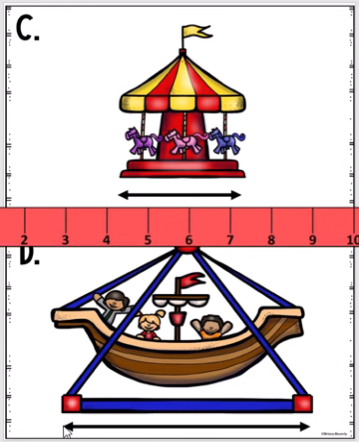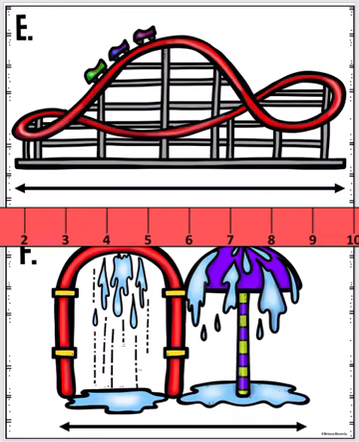Here is the pirate ship. Pirate ship starts at 3, ends at 9. So 1, 2, 3, 4, 5, 6. The pirate ship is 6 inches. Look at the roller coaster. The roller coaster goes from 1.5 to 9.5.